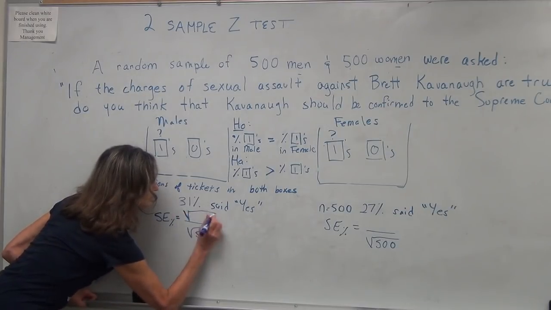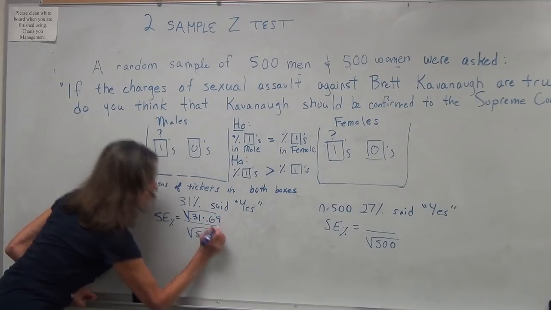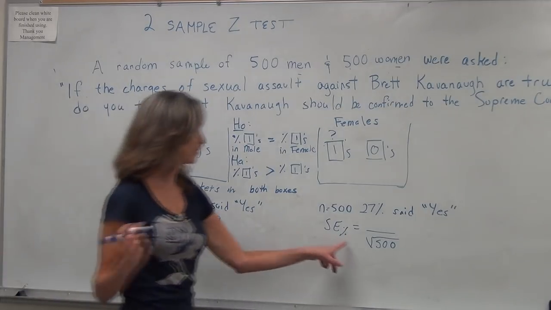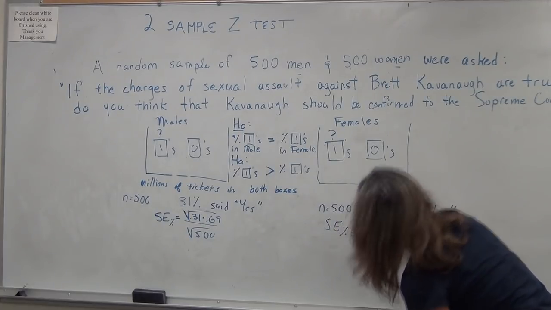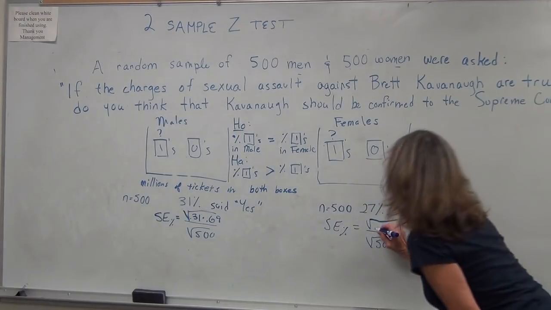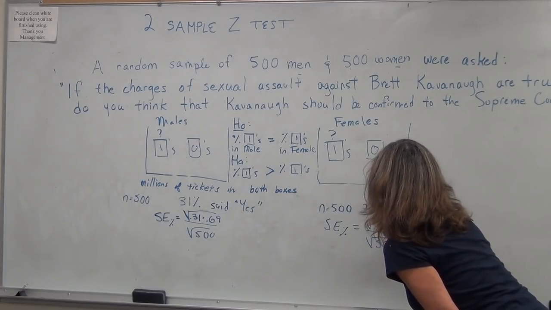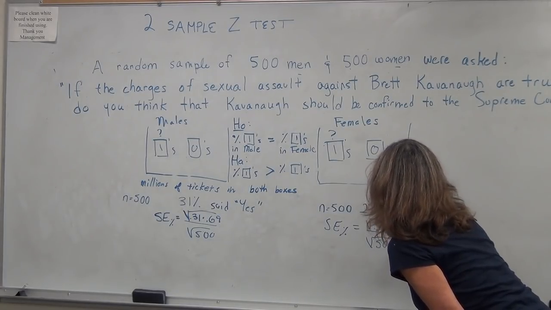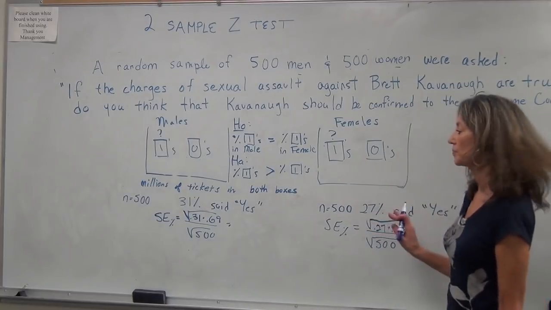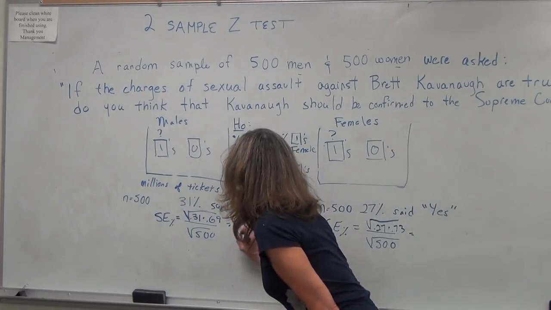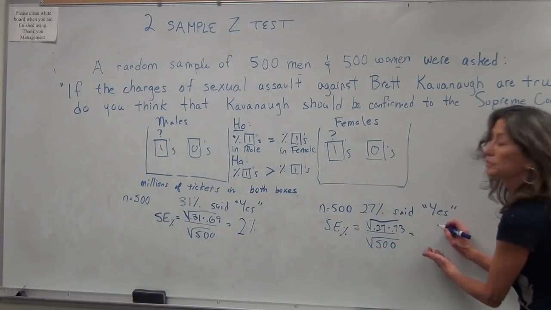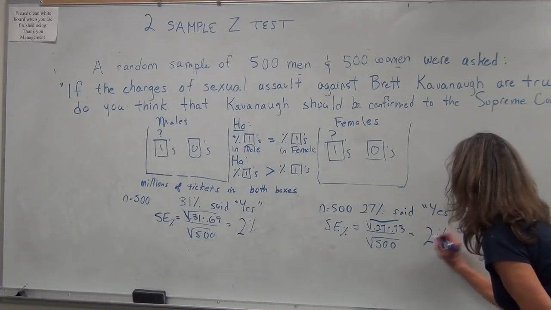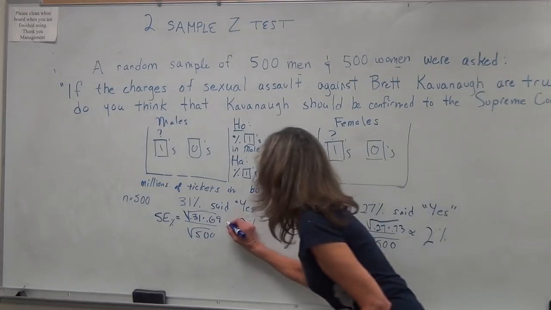It's the square root of 0.31 times 0.69, the numerator here. And here it'll be very similar: 0.27 times 0.73. These are both approximately the same. This one is a tiny bit bigger than 2%, and this one a tiny bit smaller. They're both approximately 2%.